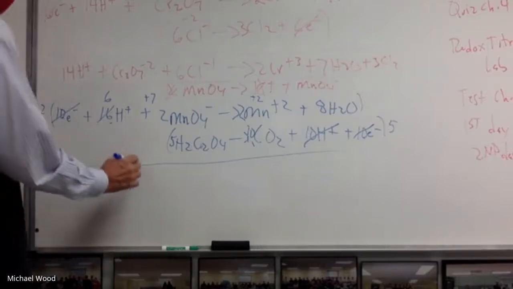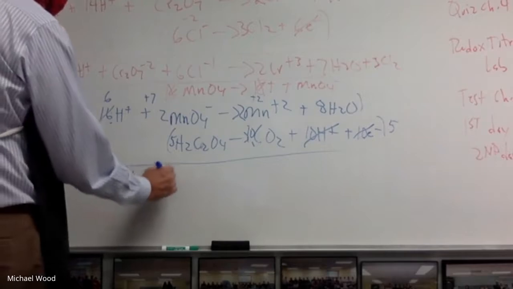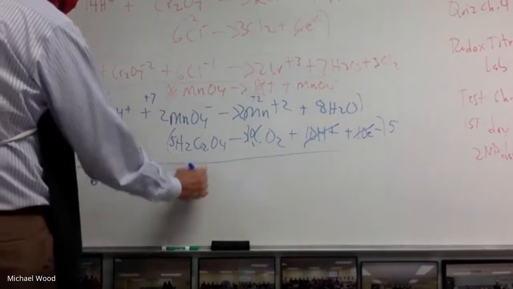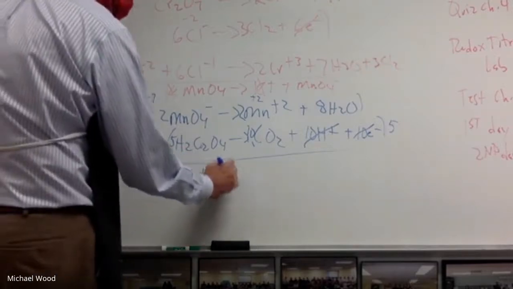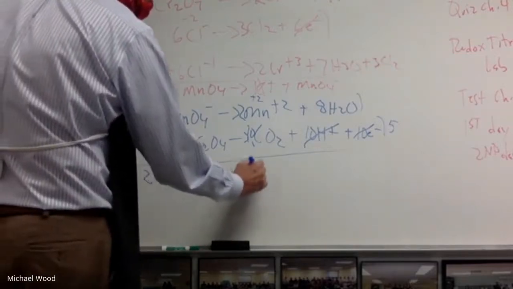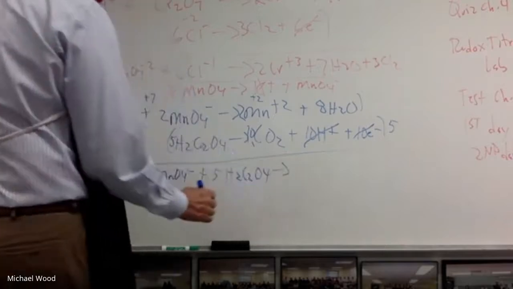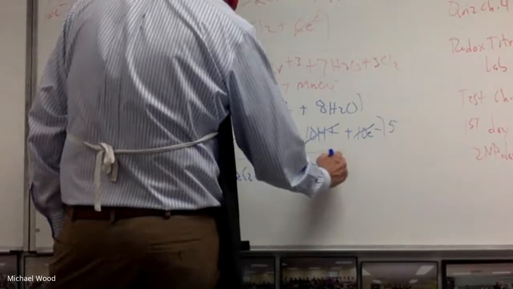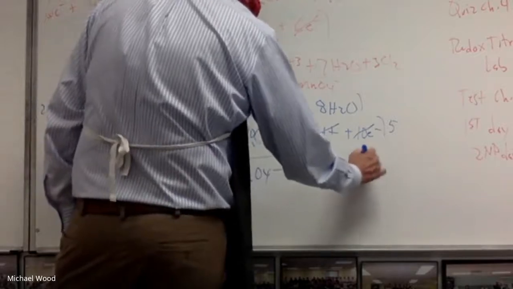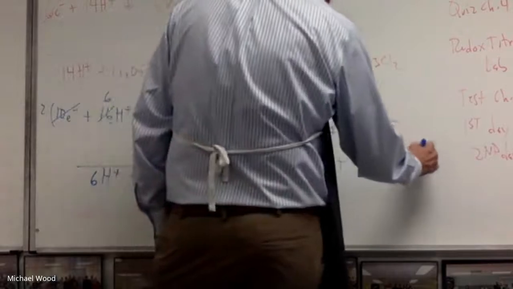So I have 6 H pluses plus 2 MnO4 negative plus 5 H2C2O4. And then on this side, I have 2 Mn 2 plus, 8 waters, plus 10 CO2s.